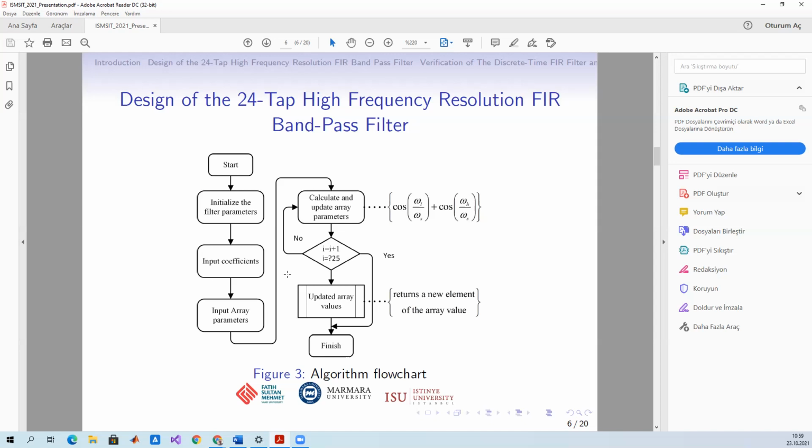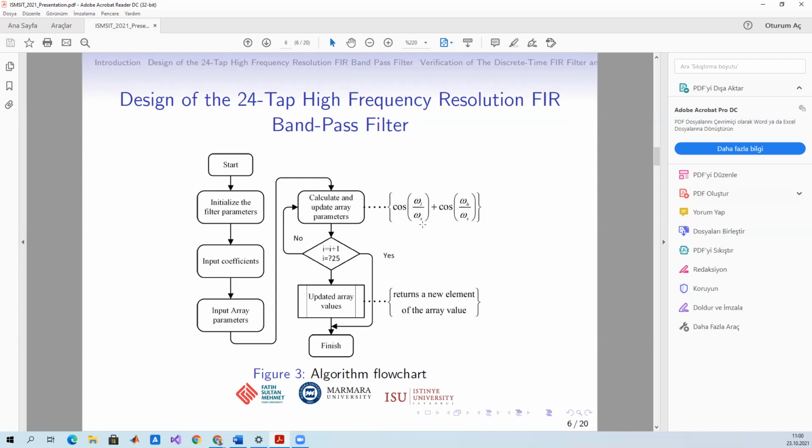As everybody knows, the program begins with the start, and you first initialize the filter parameters. Then you can use a for loop or while loop to calculate the filter coefficients in terms of cosine values of the low frequency and sampling frequency, plus cosine of the high cutoff frequency and sampling frequency.